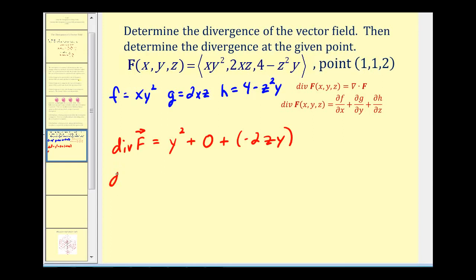Let's go ahead and simplify this. We have y squared minus 2zy. Let's go ahead and evaluate this at the point (1, 1, 2).